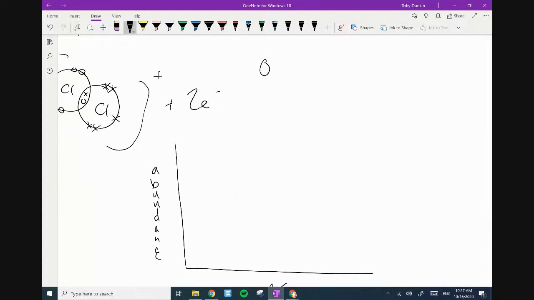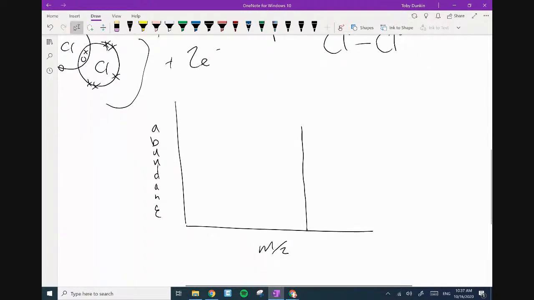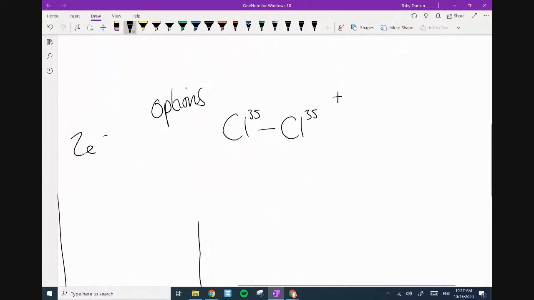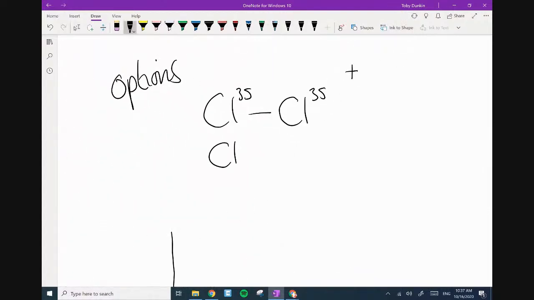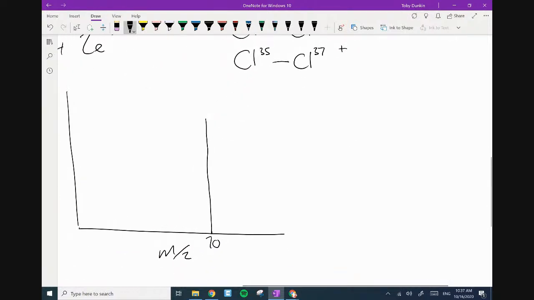We could have had chlorine 35 bonded to chlorine 35 +1, and I'm going to see a peak there at 70. But there was another option. I could have had chlorine 35 joined to chlorine 37 +1. That would have given me a peak at 72.